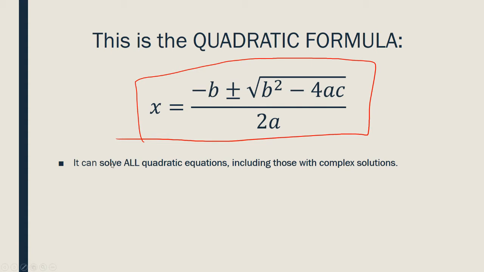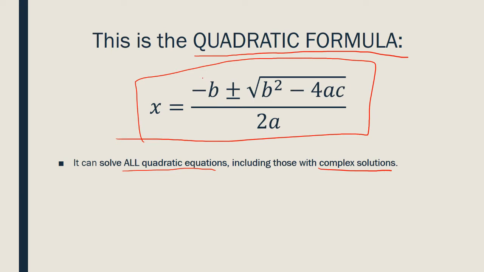They can't always be solved using our factoring methods or some of the other methods that we've talked about. So the quadratic formula is kind of a save-all. It can solve all quadratic equations, even those with complex solutions and other quadratic functions that cannot be factored. No matter what the quadratic equation, this formula will be able to solve it.